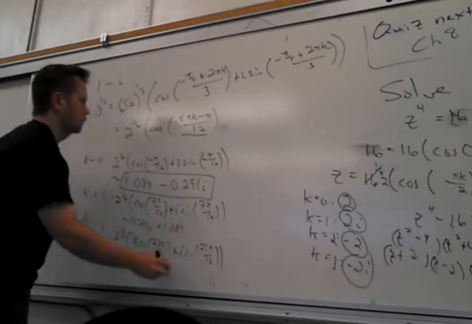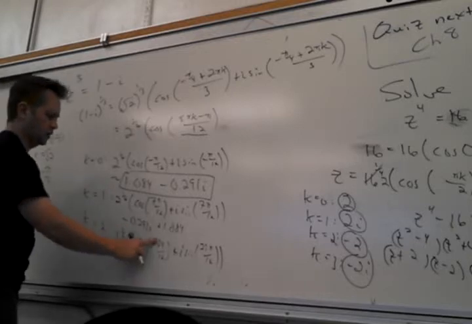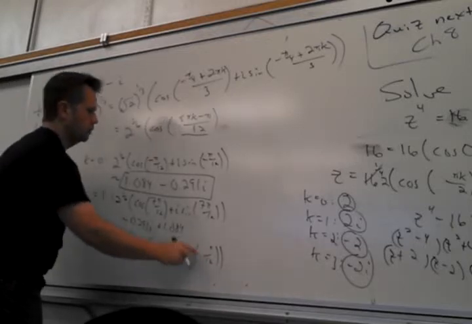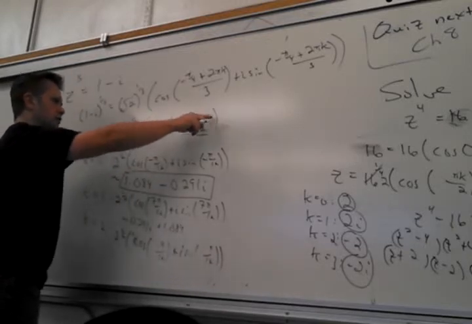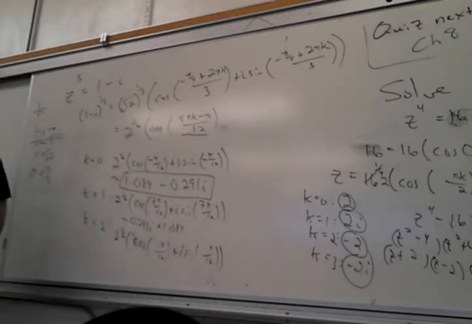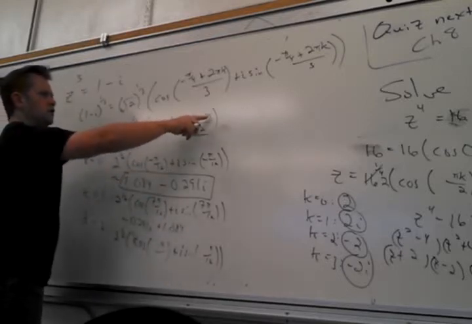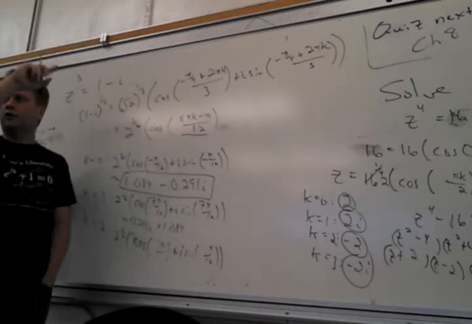Is that right? So k is 2. Oh, why did I make it 3? Jeff, come on. Wake up. If k is 2, I'll get 16 pi minus pi is 15 pi over 12, which is 5 pi over 4.